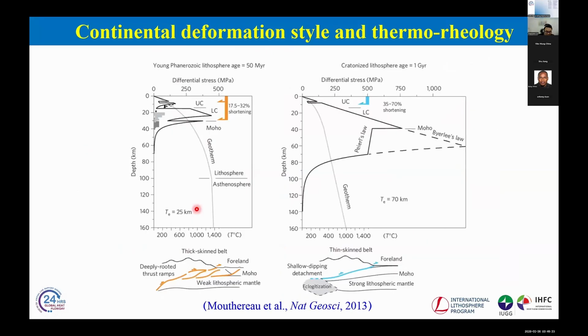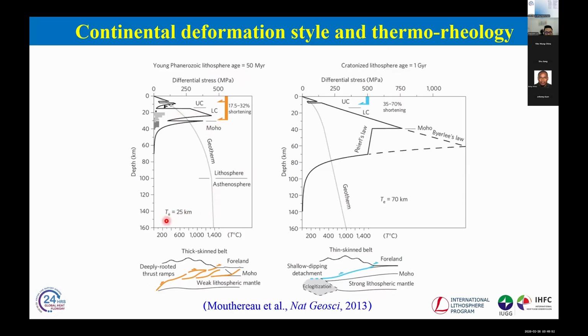In the last picture, I will give a brief summary. This paper was published in Nature Geoscience 12 years ago by Mouthereau. They gave two conceptual models of continental deformation and thermal rheology. For this one, it is a really weak lithosphere, which means high temperature in the Moho and small strength for the crust.